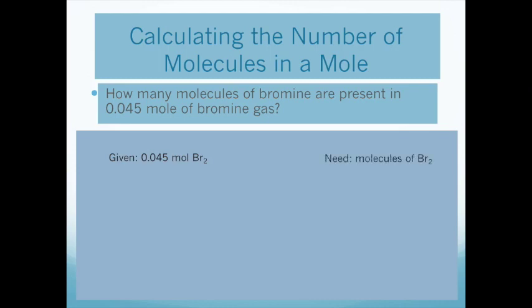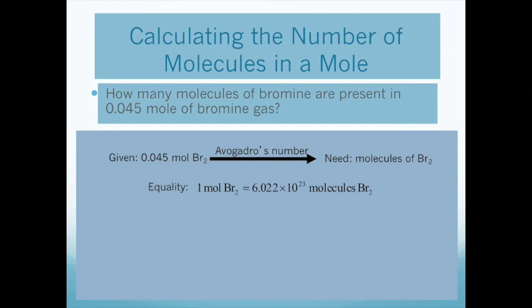So 0.045 moles converted to molecules goes through Avogadro's number. So we have the equality: 1 mole equals 6.022 times 10 to the 23rd molecules of bromine.